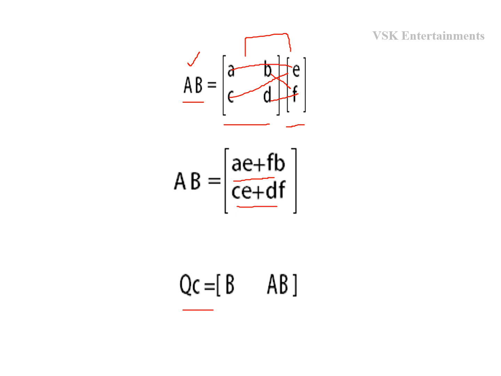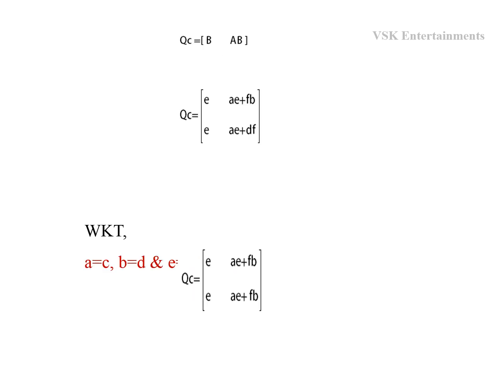QC is equal to matrix [B AB]. We already know matrix B, and from the above multiplication we got matrix AB. Substitute those two values in QC. Then QC is equal to matrix [e, ae plus bf; e, ce plus df].